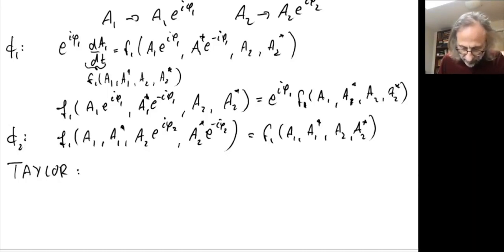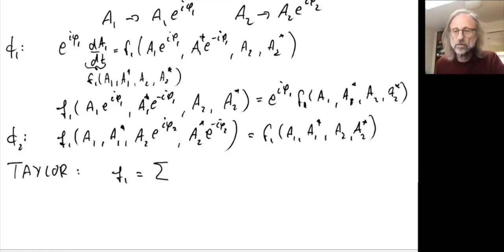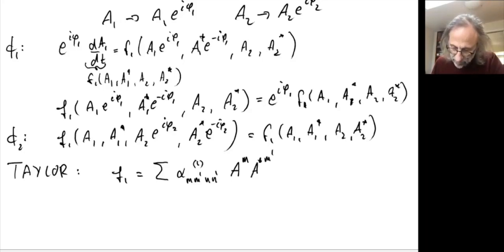F1 equals, let me not write out the arguments on the left-hand side, it becomes too much, a sum over coefficients alpha m m' n n', and these are the ones for F1, times A1 to the m power, A1 star to the m' power, A2 to the n power, A2 star to the n' power.